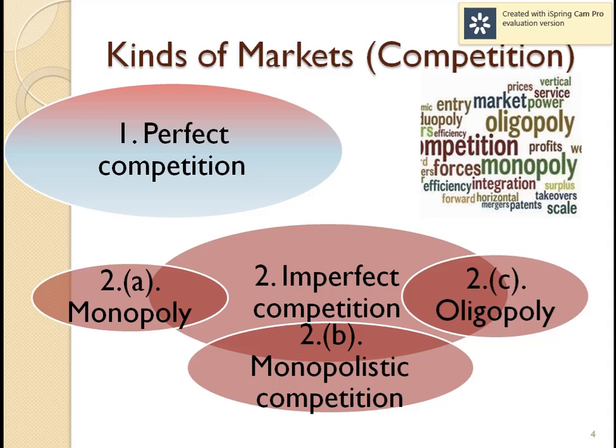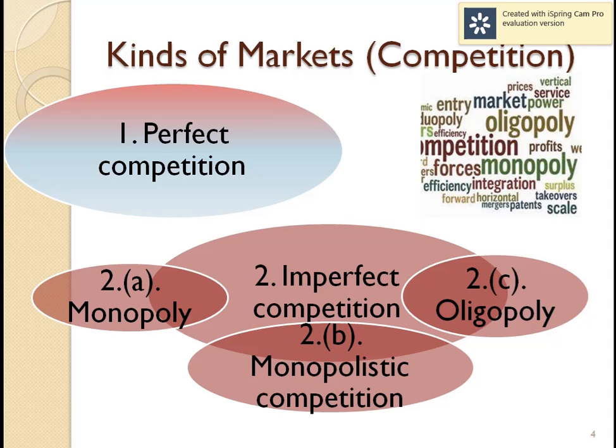A perfect market is where there are no barriers for entry and exit. There will be a large number of buyers and sellers, same price, complete knowledge, complete independence. It is just the opposite of imperfect competition. What is imperfect competition?